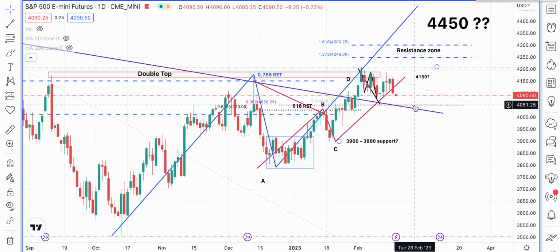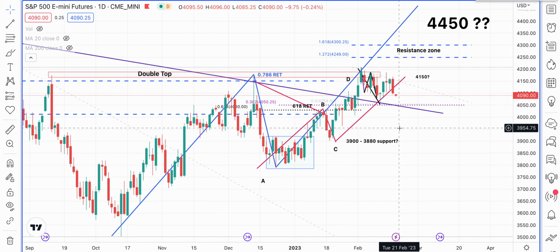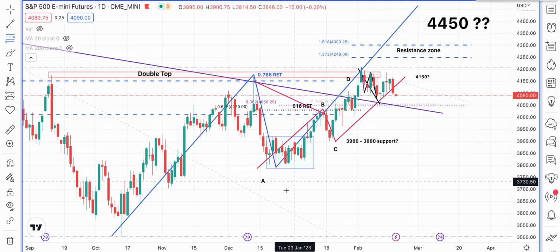And here, one of the key things to remember is we are really watching this 4050 as the key support level for us. If it breaks below this level, then we could be looking for the price to rotate lower.